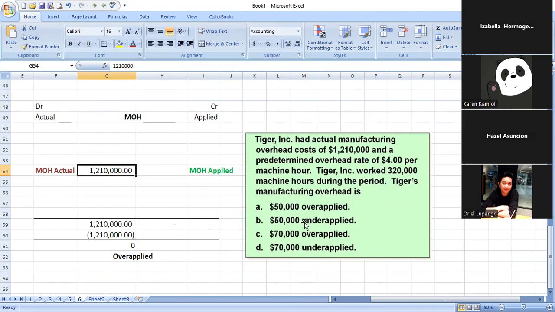What will be the correct answer? $70,000 over applied. So how do we get the 70,000? That will be 320,000 times $4, so we applied 1,280,000. So now we are over applying how much? 70,000 more.